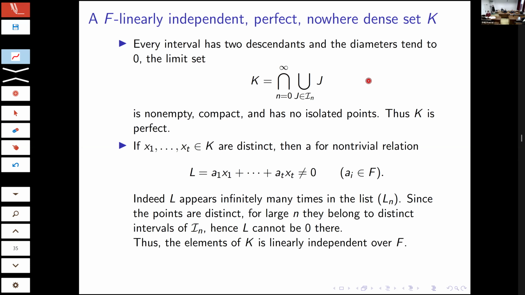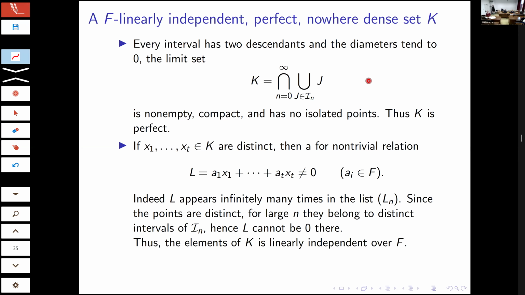I have to show that it cannot satisfy this, that it is equal to 0. L appears infinitely many times, so for large enough n, there are intervals where these elements are in distinct intervals, and then this cannot be satisfied. So I think it's clear. The elements of K are linearly independent over F.